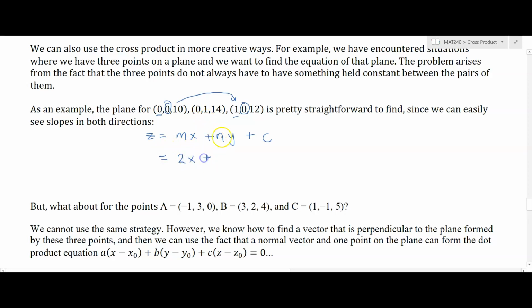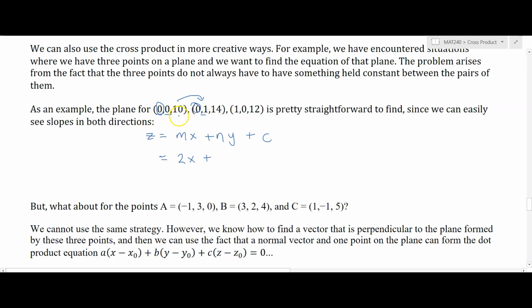And then to find n, we just need to find 2 ordered triples where the y value changes, but the x value is held constant. And so we can see that from this ordered triple to this ordered triple, the only thing that changes is x is held constant, and the value of y changes from 0 to 1.